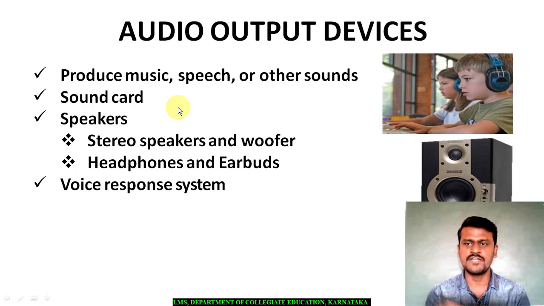The sound card is used as an interface between the audio file and the output devices, so that the audio can be heard from them. We call these output devices speakers, and they are divided into stereo speakers, woofers, and headphones or earbuds. Speakers can be of any of these types.